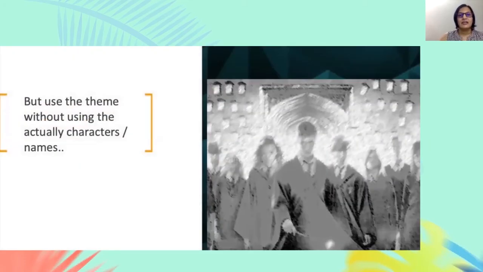Anyway, do you think that it was easy to execute this Harry Potter theme? Not really. Because remember what we said last time, we spoke about using these pop culture elements as inspiration. But you cannot completely use them because of copyright issues. So we cannot use Harry Potter as Harry Potter or the characters with him, because these are somebody's creation.